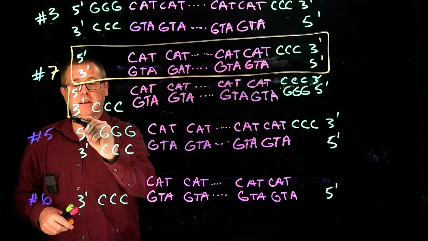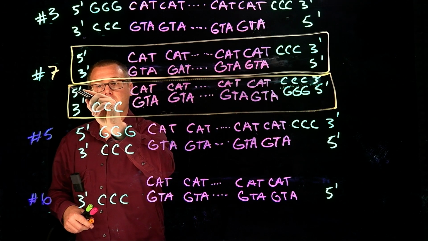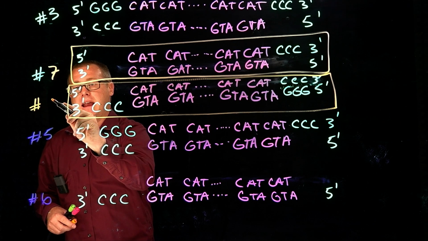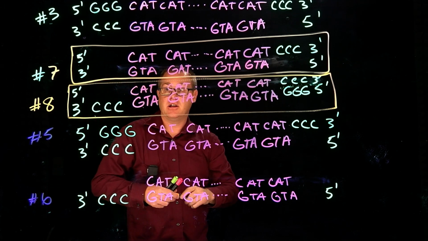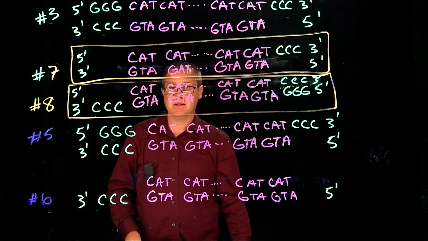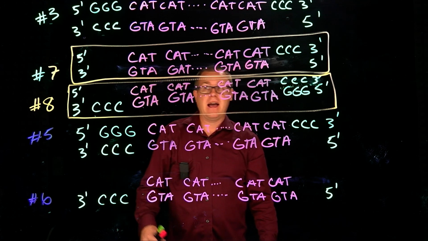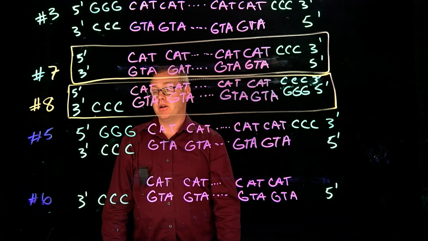Now we have the 8th molecule right here. There, that's number 8. And number 8 came from molecule 4 using the template strand. So now we have 8 molecules, okay?